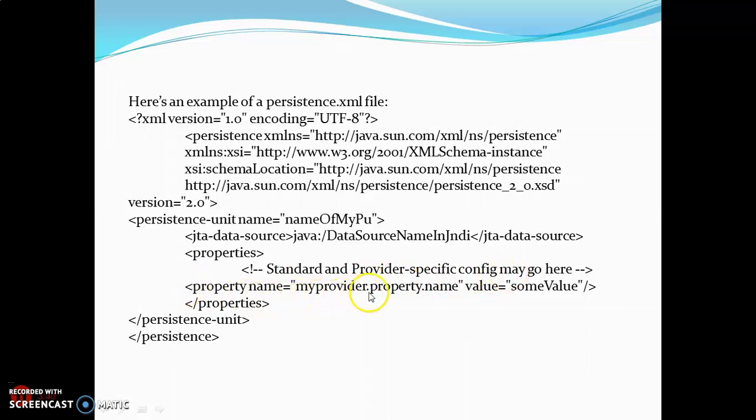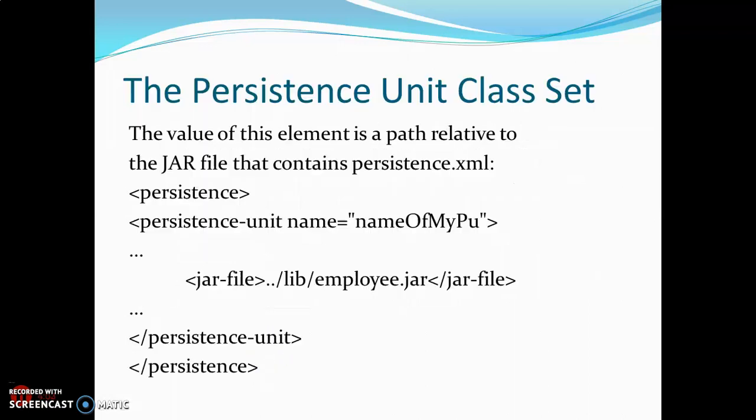The property will be provider.property.name and so on, with some values for it. We can list any number of properties associated with that particular unit name. After this we close the persistence unit and close the persistence. This will be our deployment descriptor in the form of persistence.xml.